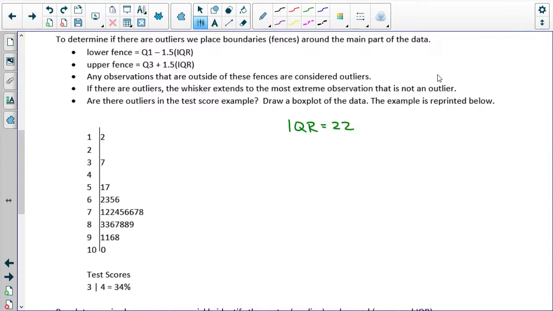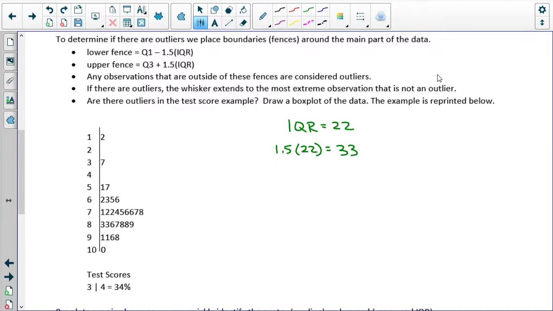So what I do is I fence the data at Q1 and Q3, and then I take 1.5 times the IQR, which in this case is 33, and say 33 away from either part of the interquartile range is too far away for me to consider that to be a normal observation. So we call that an extreme observation or an outlier.